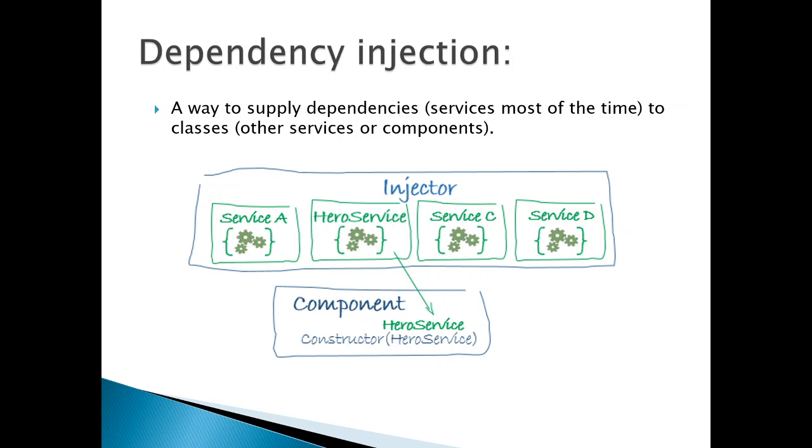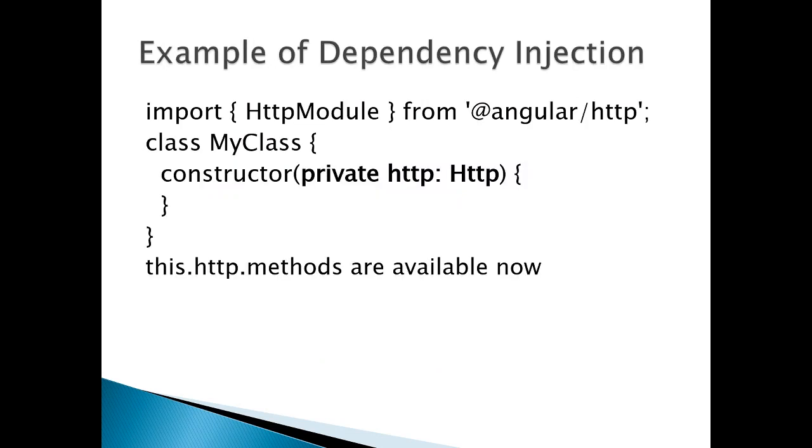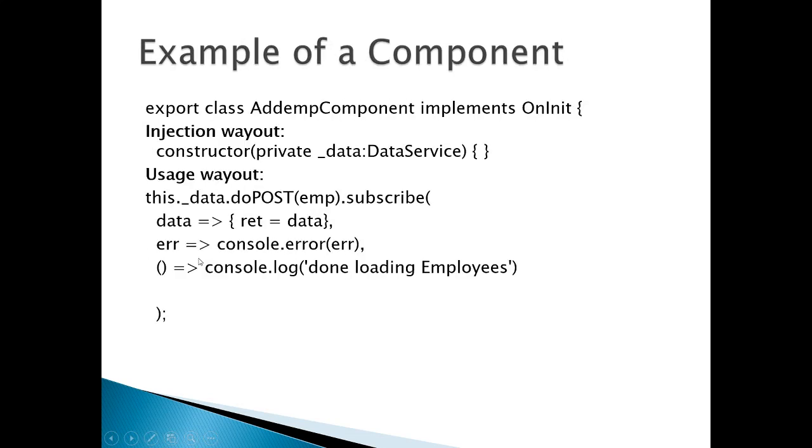Now see a programming example. A programming example is so simple. In this case, we are putting HTTP service into the constructor of my class. Now all the methods of HTTP will be available to us. Same, I'm providing another example. In this case, we have added our own service that we have created, data service. We're injecting it into a component with the name underscore data.